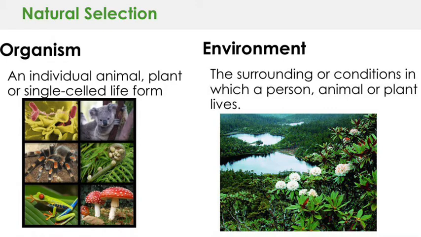Then you look at the environment. For the bearded dragon, the natural habitat would be a desert environment. We're going to look at Charles Darwin and his studies. And when he did his studies, the organism that he looked at was the finches, the birds, and he was in the Galapagos Islands, so that was their environment.